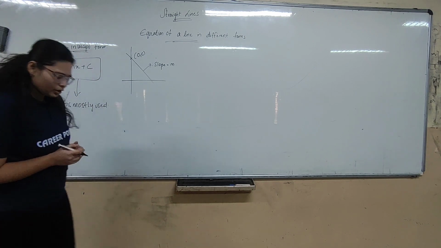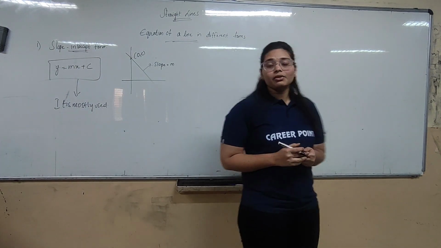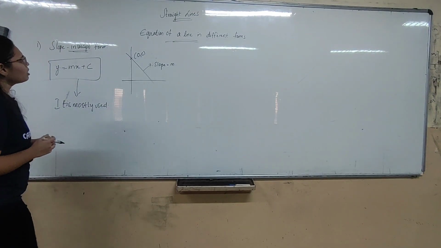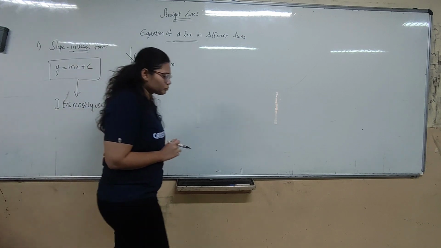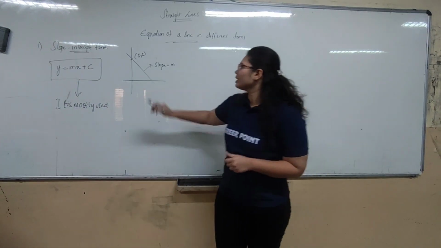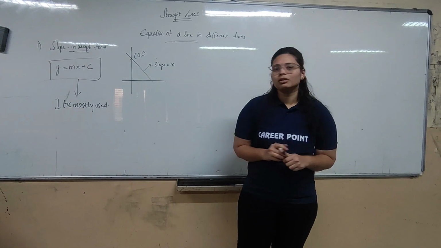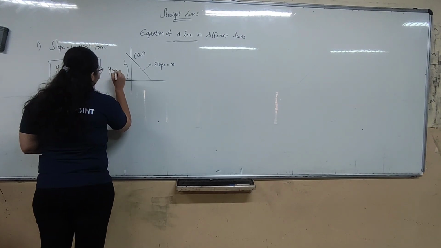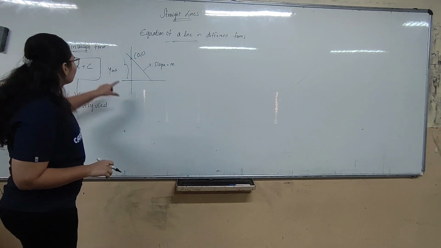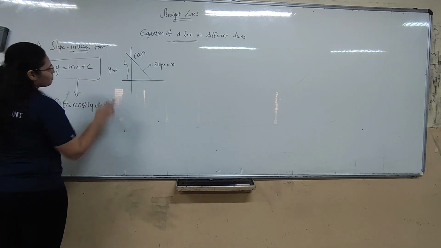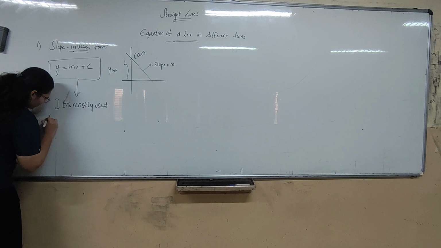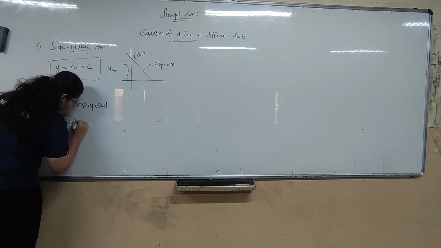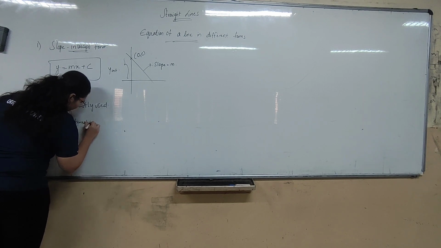Suppose the line passes through the origin. What is meant by the line passing through the origin?